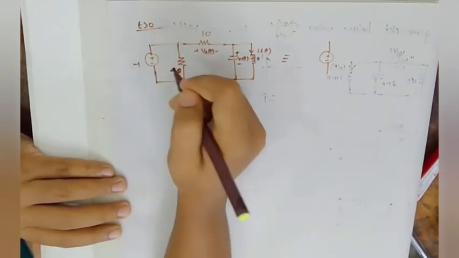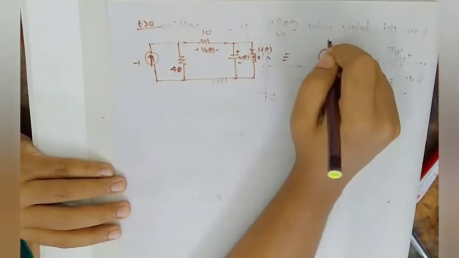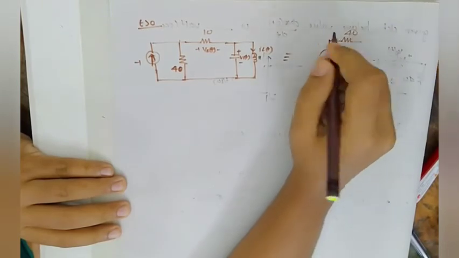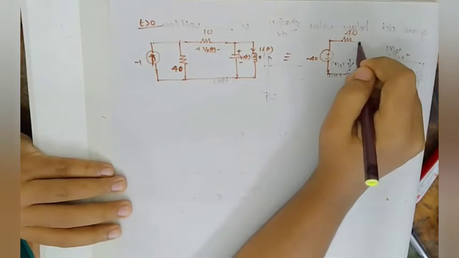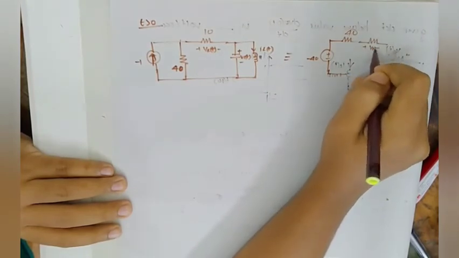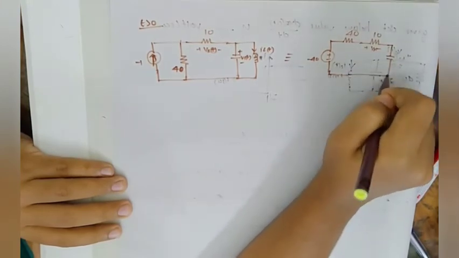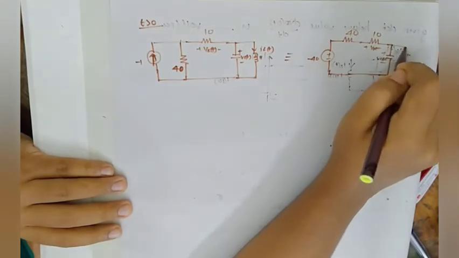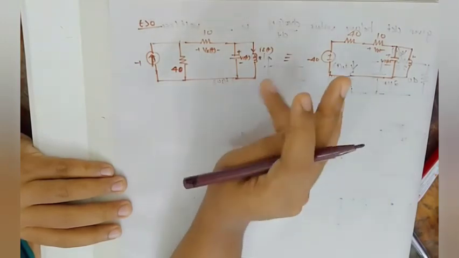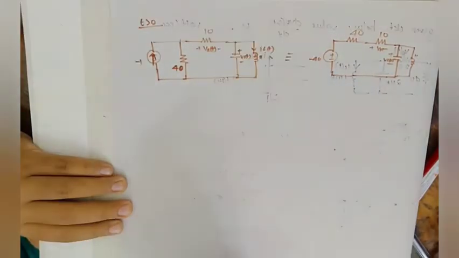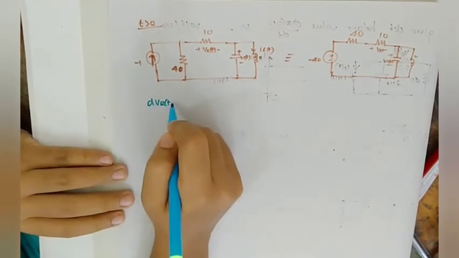I'm converting this into a voltage source in series with a resistance, which will be equal to minus 40. In the question we have to find out dVR of t at t equal to 0 plus divided by dt, right?